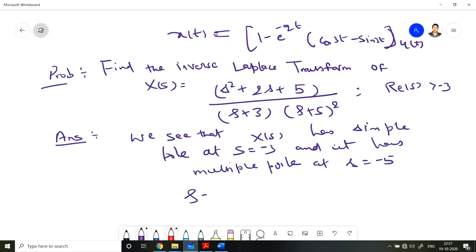So the poles are s equals minus 3, minus 5, and again minus 5. So we have a double pole here. So how to solve this type of problem?